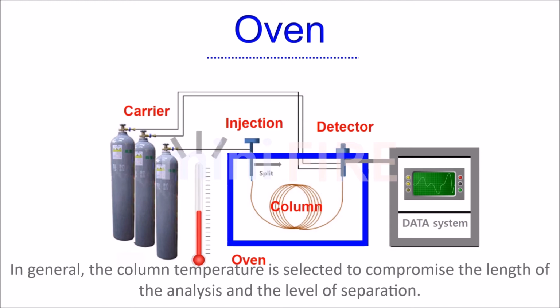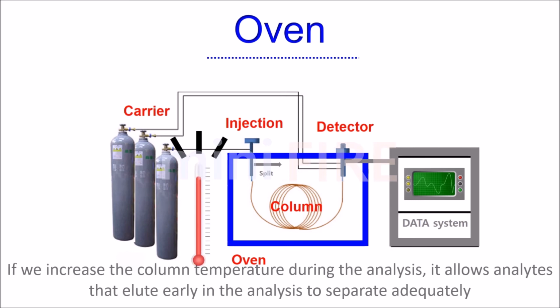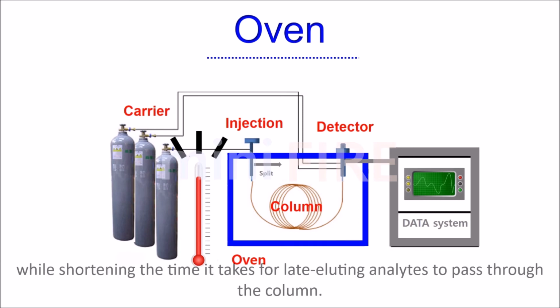In general, the column temperature is selected to compromise between the length of the analysis and the level of separation. If we increase the column temperature during the analysis, it allows analytes that elute early in the analysis to separate adequately, while shortening the time it takes for late eluting analytes to pass through the column.